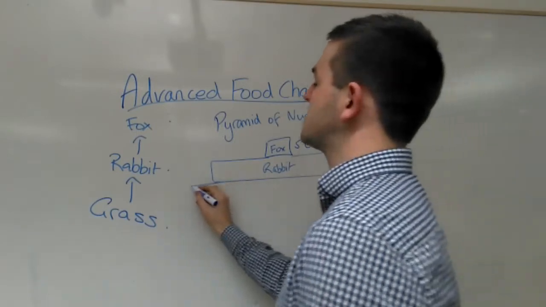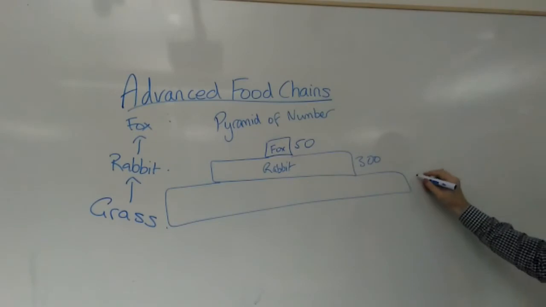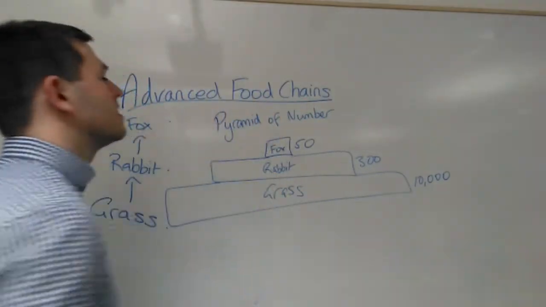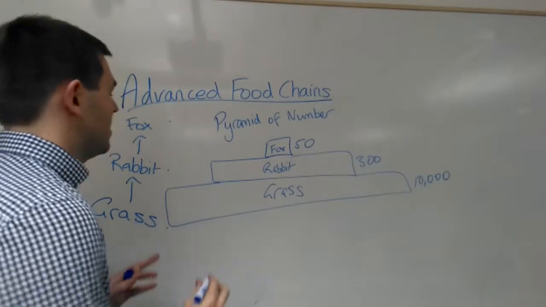And those rabbits are eating, I don't have enough space on here, but let's say 10,000 pieces of grass. That there would be my pyramid of number.